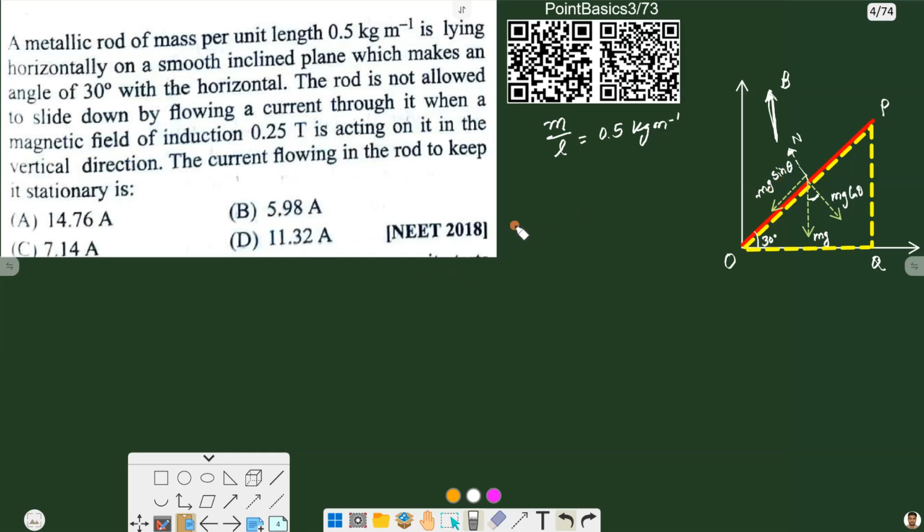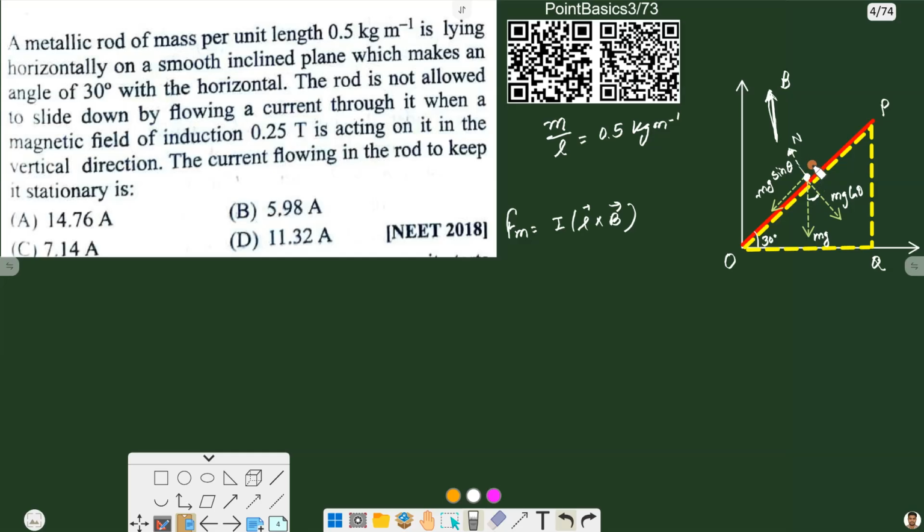And we know for a current carrying conductor, magnetic force is given by I L cross B. Magnetic force is always perpendicular to the magnetic field, and as the magnetic field is already in the y direction, the magnetic force can either be in the positive x direction or in the negative x direction.